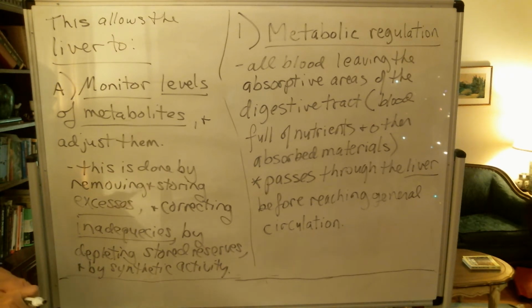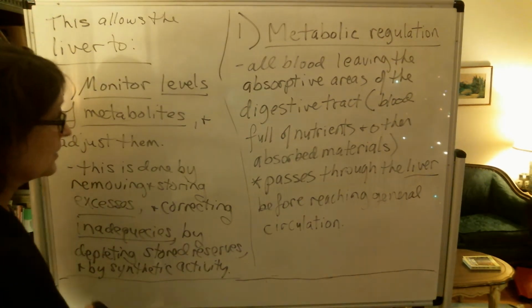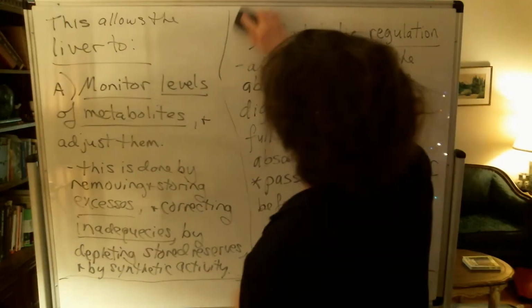That's basically making stuff. So as I said, the liver can both make things chemically and it can also take things out of storage in order to make sure that your blood has in it what it needs and does not have excesses of other things. So the liver is pretty amazing.